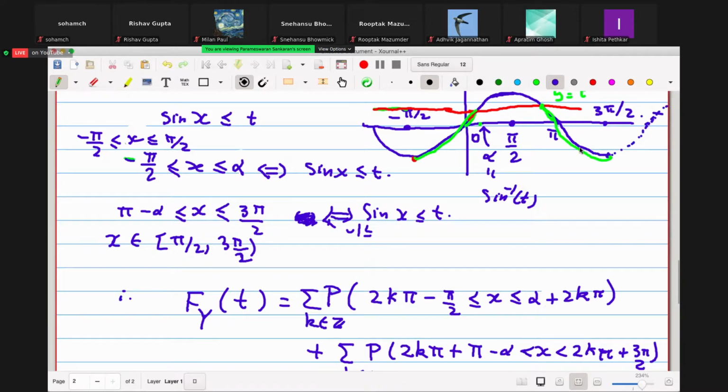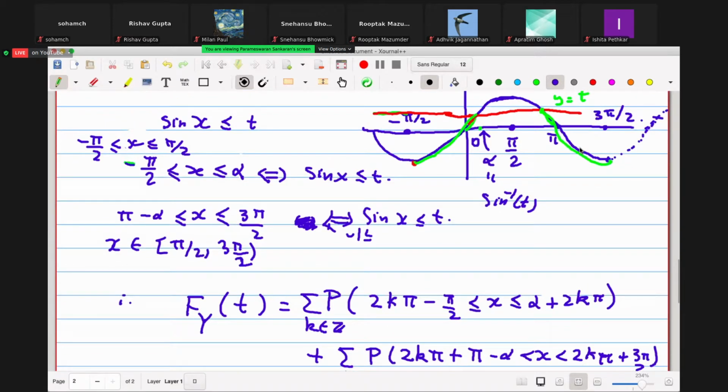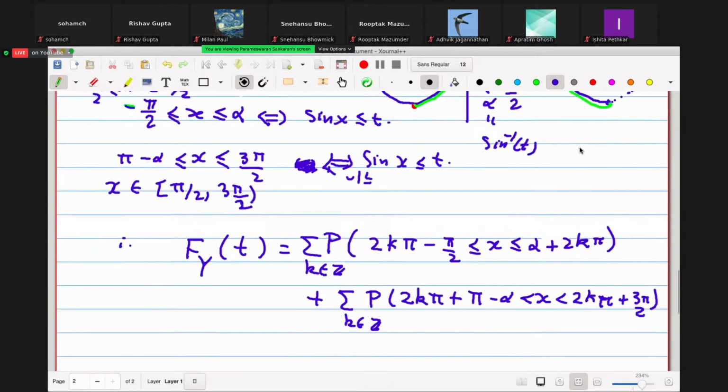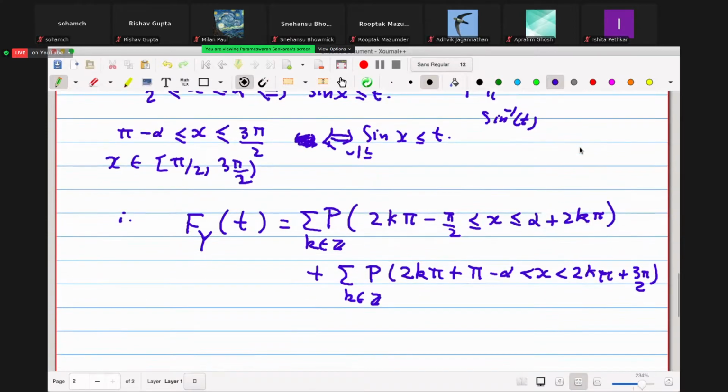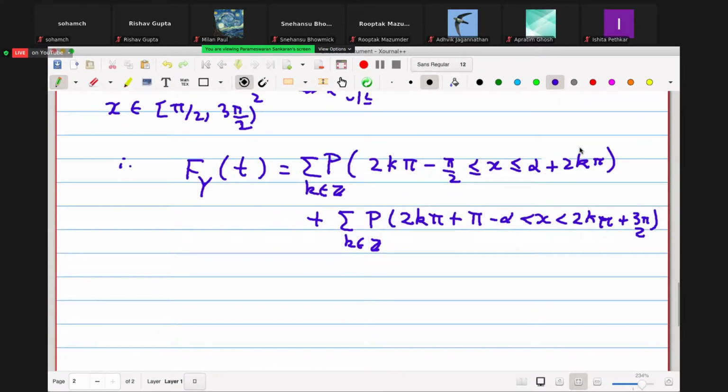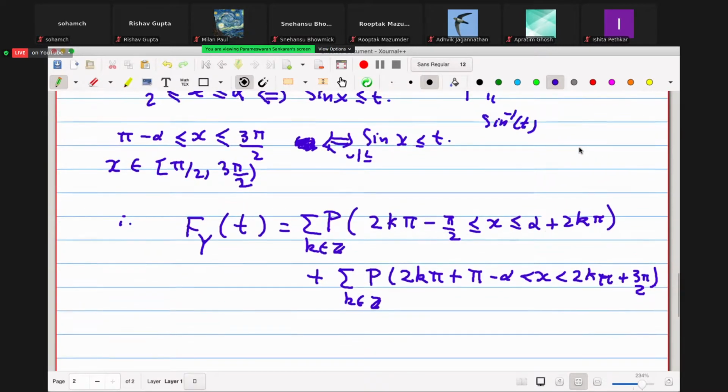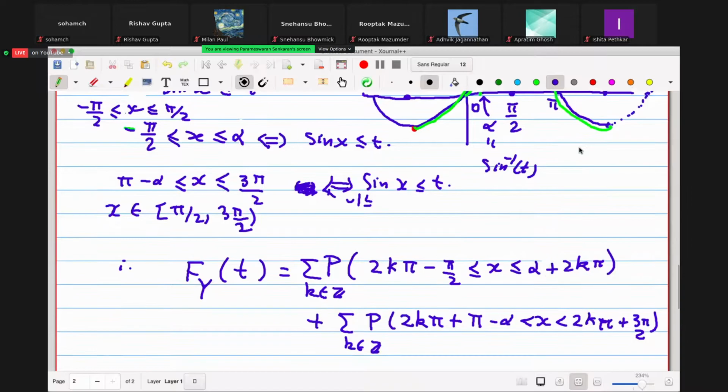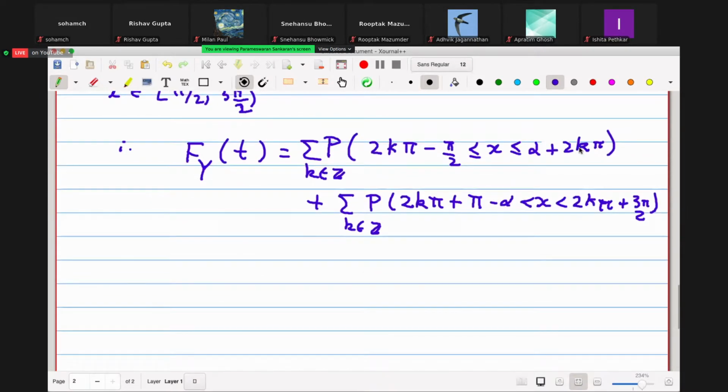You have to draw the diagram in a sufficient range. This is the only subtlety in the problem. I am just cautioning you. Just don't blindly write the sine inverse and then translate and hope to get something correct. You have to be very careful. Yeah, that's it. I don't think I need to say anything more about this.